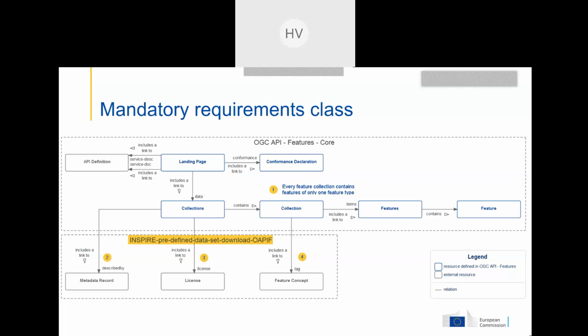And in most cases, that metadata record will already be available in the national portal because that had to be done a while ago. A third requirement is that there must be a link to the license of the dataset, because that piece of metadata is really important for end users to know what can I actually use this data for? Can I actually use it when I get it from this API?